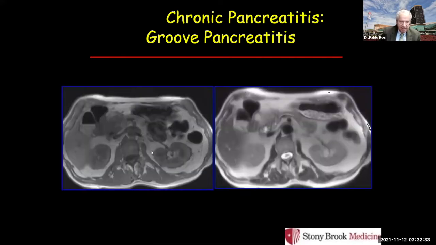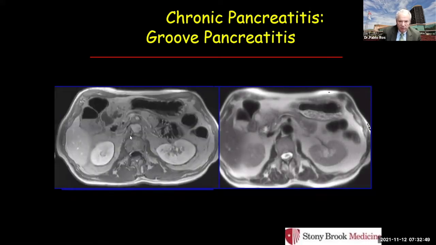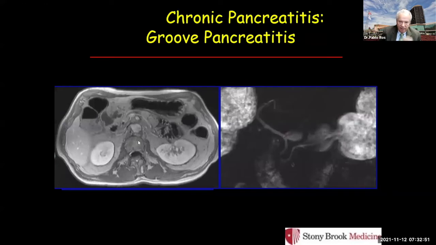So these are nice examples when you see pancreatitis that extends to the groove, pushing the duodenum, as we just mentioned. This is in MR, this is in T1, this is in T2, a little bit edematous, and again, this is the appearance pushing the duodenum and the common bile duct and the hepatic flexure.